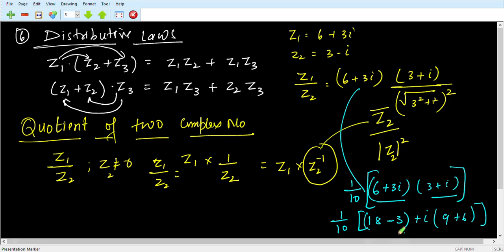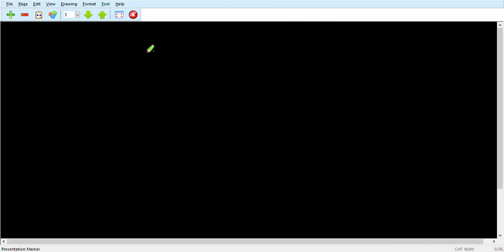So 15 plus 15 iota. So the answer will be 15 upon 10, 1 plus iota. So the answer will be 3 upon 2 plus 3 upon 2 iota. So this will be the division of two complex numbers. You can use this idea to divide two complex numbers. It's very easy, and you can easily handle this kind of problem.